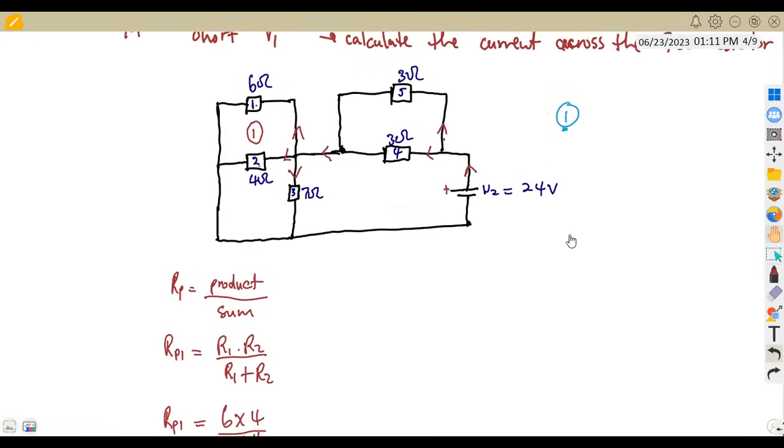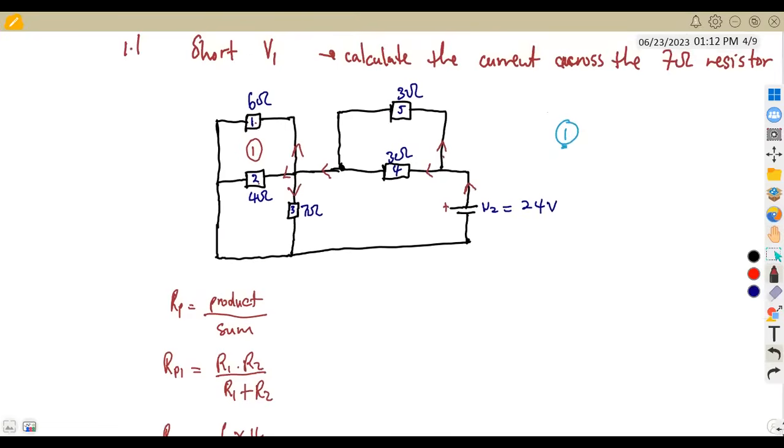But according to our diagram here, we also have a parallel combination here. This is our second part. So we're going to calculate again from the product over sum. Our second parallel combination consists of R4 and R5. So that is the product of R4 and R5 over the sum of R4 and R5.